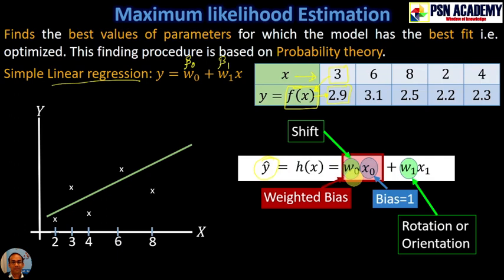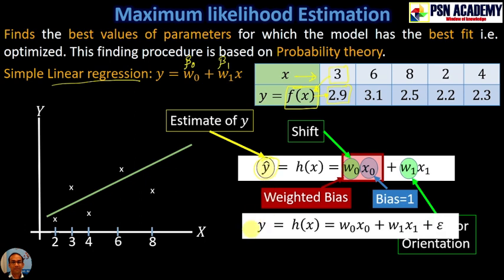Clear? So how much you have to shift and how much you have to rotate, that amount of rotation and shifting will decide the amount of error between y and y hat. So you have to find out the best w0 and best w1 that gives you a minimum error between y and y hat. So this y hat is your estimated y.